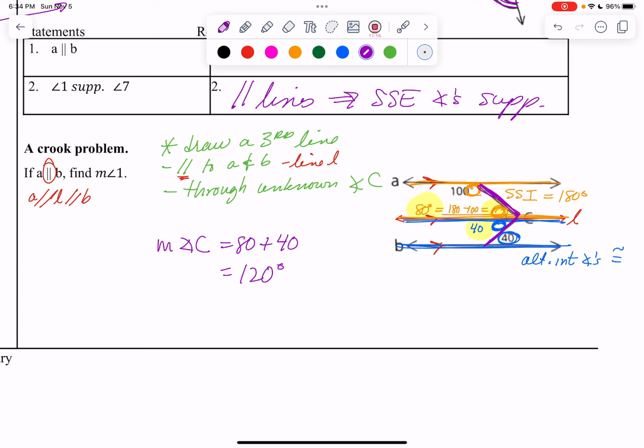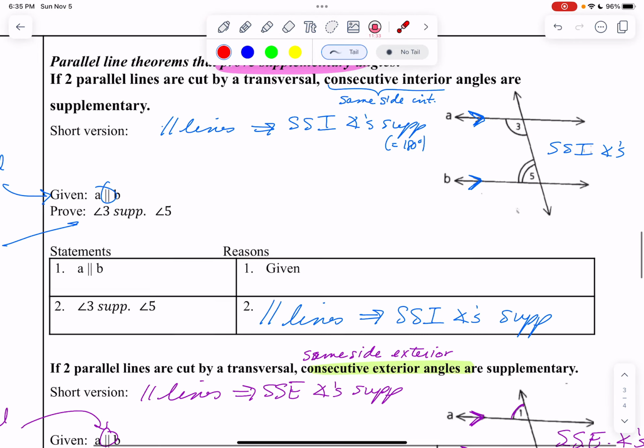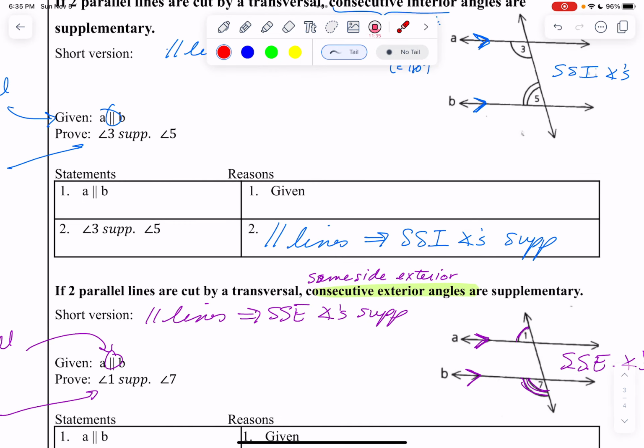So we're just using all the ideas that we came up with. This problem uses our proofs in application. You have to know that those are supplementary. You have to know that those are all congruent. And the other ones are just stating that.